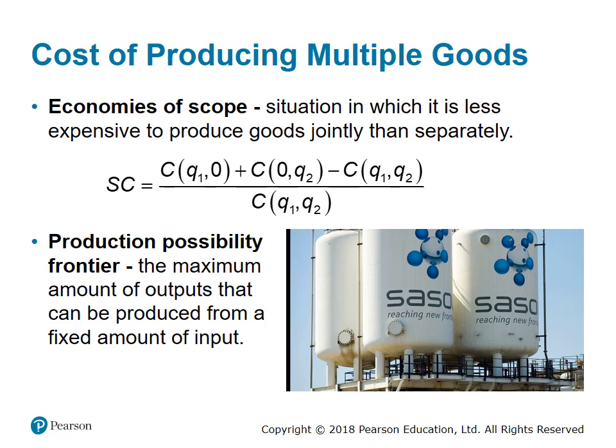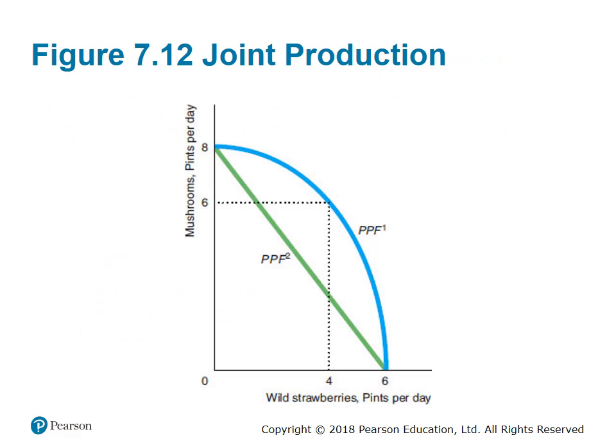We can use a familiar concept, that of the production possibility frontier, to illustrate economies of scope. Recall that the production possibility frontier shows the maximum amount of outputs that can be produced from a fixed amount of input. Let's consider an example. Suppose that Chef Laura spends 1 day a week in a nearby forest collecting mushrooms and wild strawberries for her restaurant.